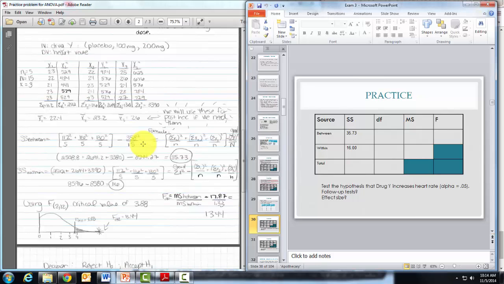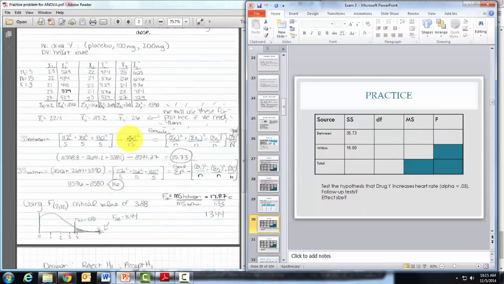The grand sum of x is just the sum of x plus the sum of x plus the sum of x. The grand just means I'm going to total up all the sums of x for my groups. So for the grand sum of x squared, I'm going to take 112 plus 116 plus 130.